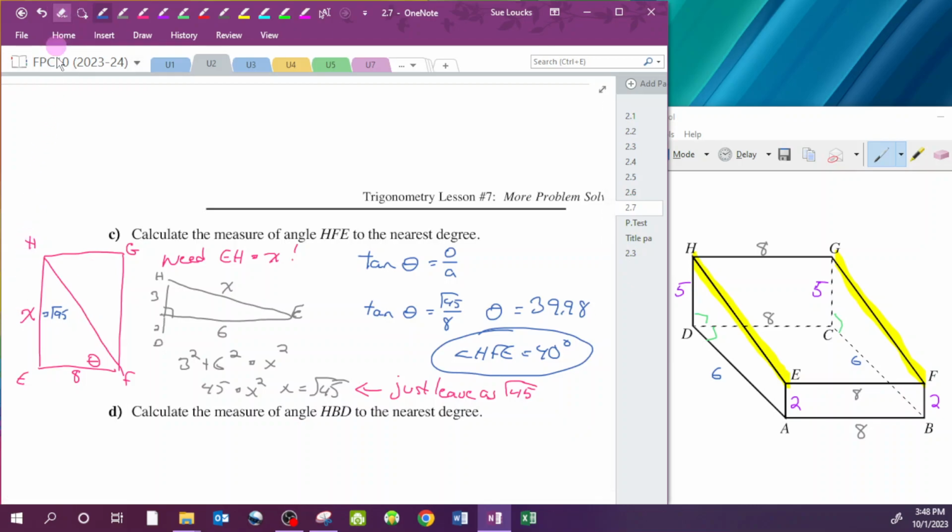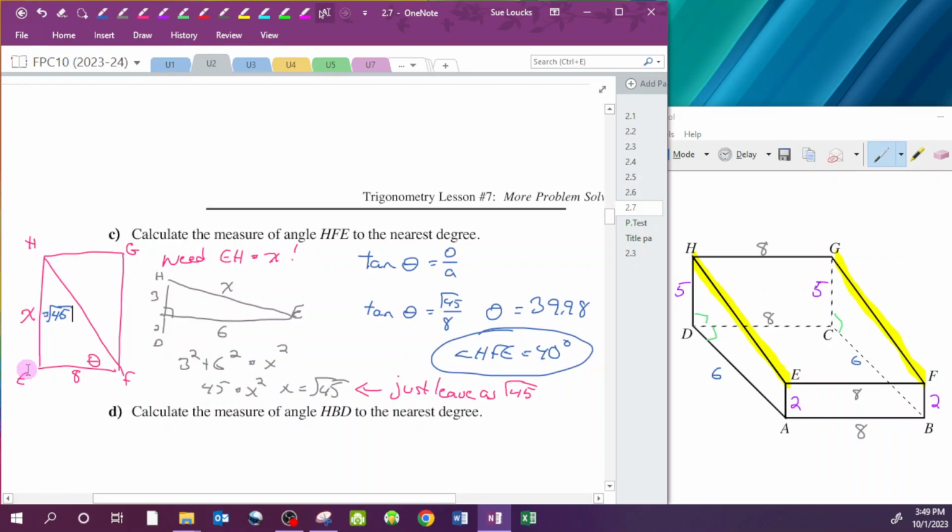I just want to fix this over here because it's just because of the tablet that I use. It doesn't always pick up when I've picked up my pen. Okay, so we've got that angle is 40 degrees. Does that seem reasonable? Yeah, it does. Because this is not to scale, right?